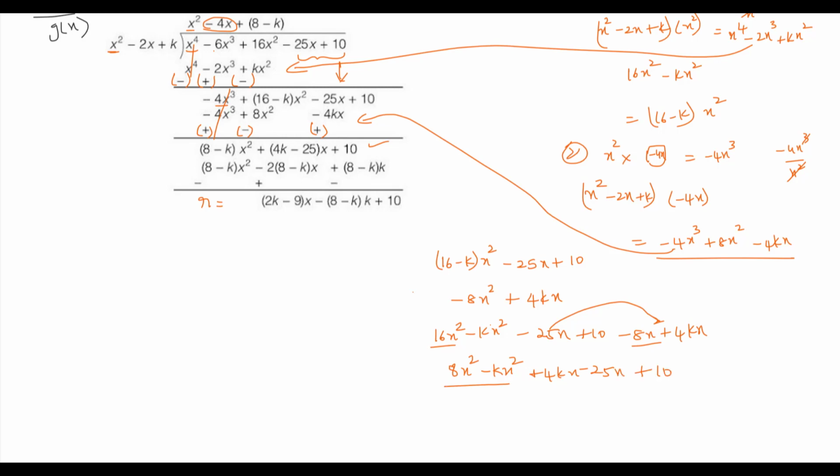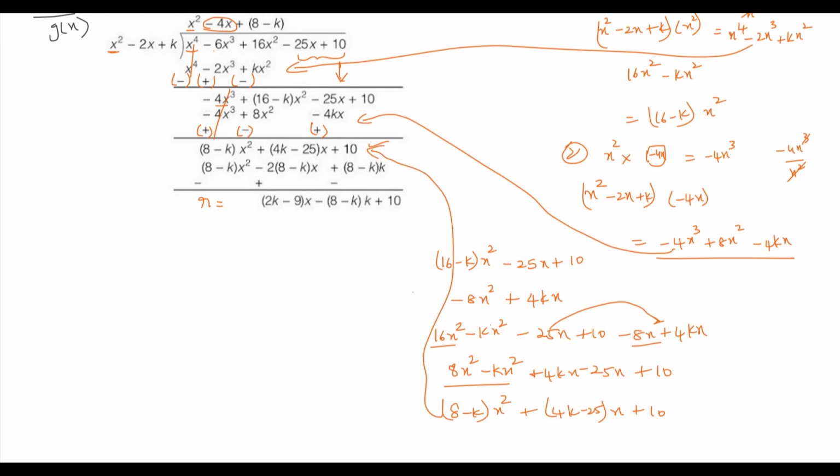Taking x square common, we get 8 minus k x square, plus taking x common, 4k minus 25 x plus 10. So this is the term which is placed carefully here.